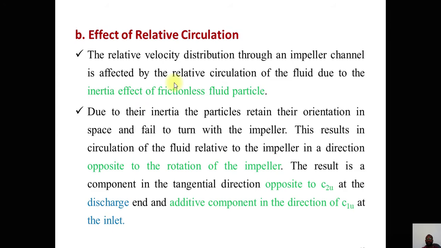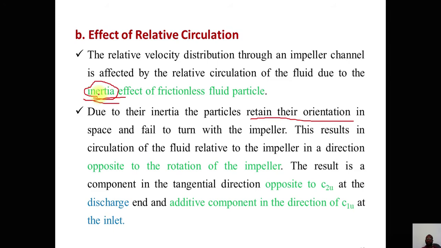As you know, what does relative mean? It means that is what is called inertiality. Due to the performance of inertiality, or due to the presence of inertial force, the fluid velocity or direction of movement of fluid is in the opposite direction to the impeller movement.